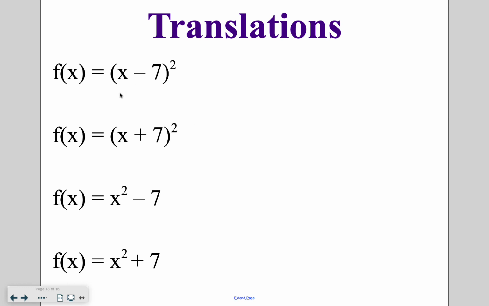So if you have x minus a number, so x minus an h value, that tells you that the function is moving right that number of units. So in this case, it is right 7 units. If you have x plus an h value, that's telling you it is moving left that number of units.